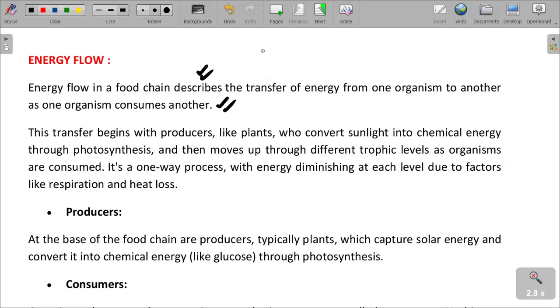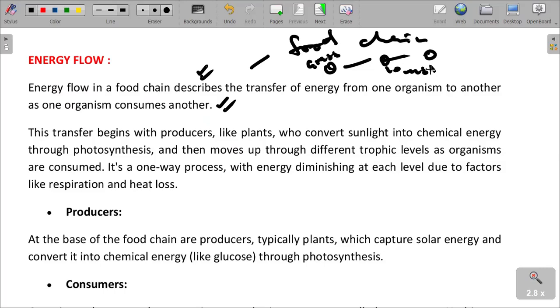In other words, we are talking about a food chain where there is energy movement from one organism to another. We have got our grass, we have got our locust, we have got our eagle.